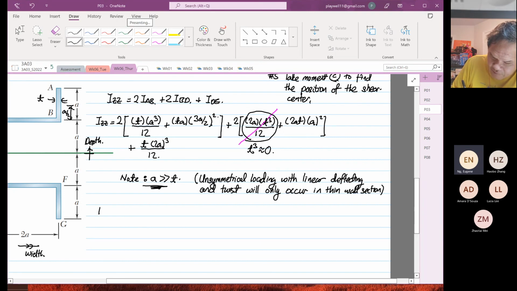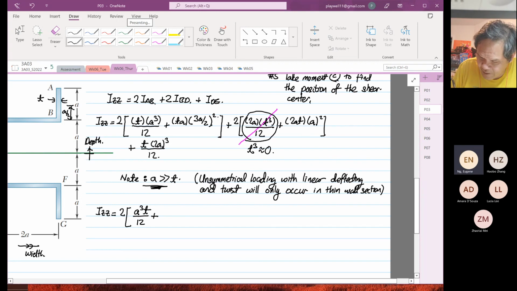So IZZ now is equal to twice. So what we have is, I'll do it in terms of alphabet. Okay, so A cubed T over 12 plus 9 over 4.